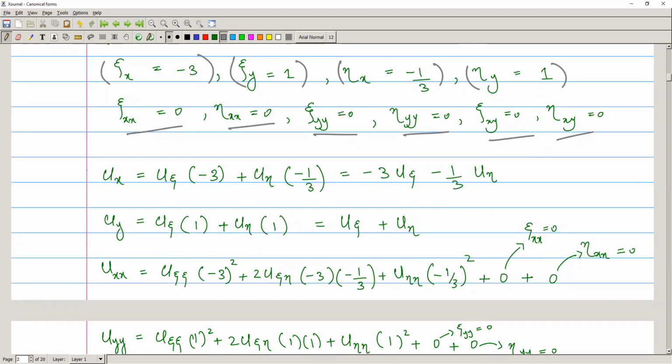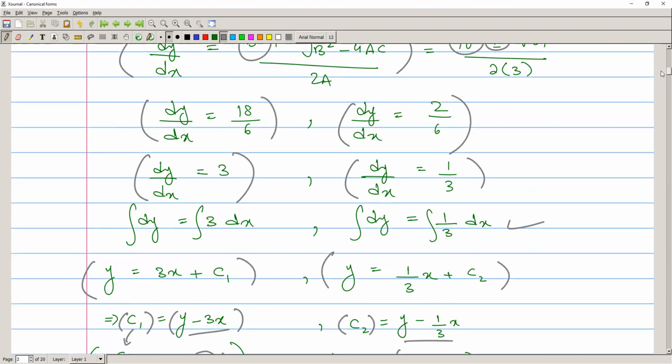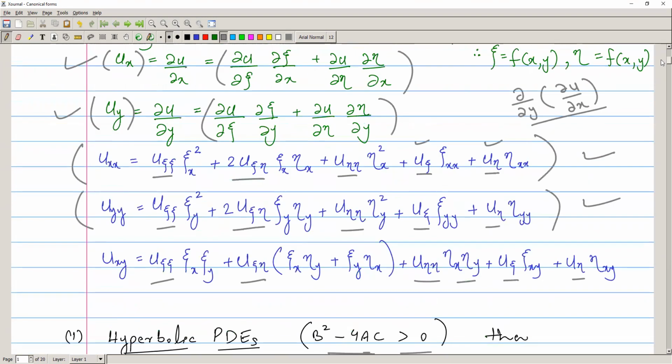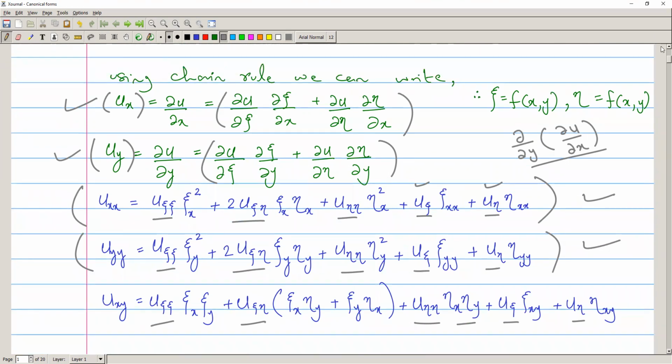So what we had in the initial step is that ux is equal to the partial derivative of u over the partial derivative of psi, which we can write as u psi. This partial u over partial psi refers to u psi. This is the simple notation for this part, and you already know this.